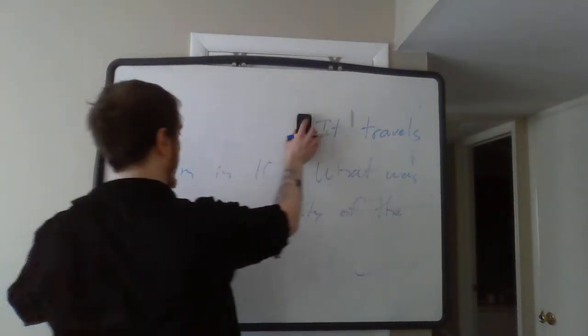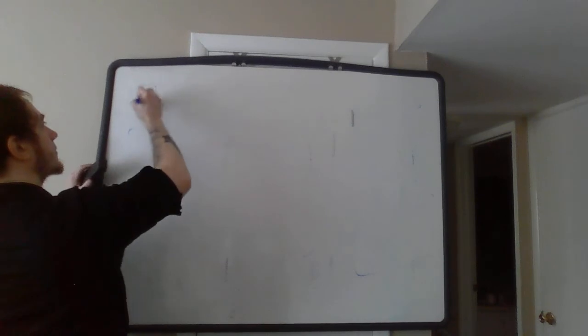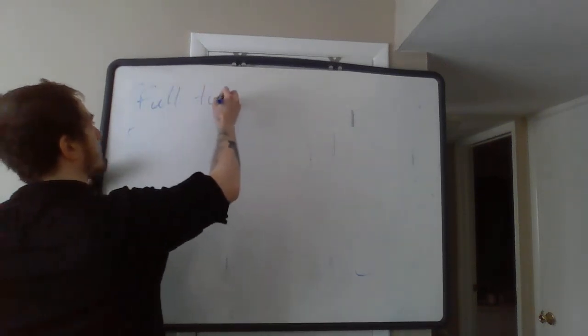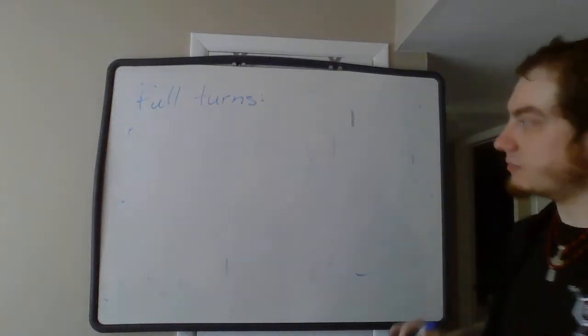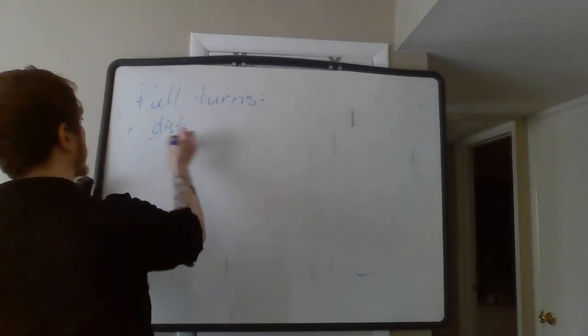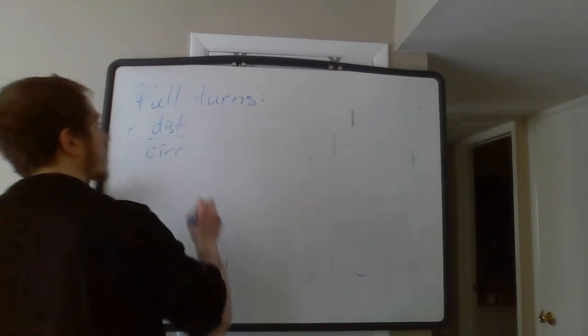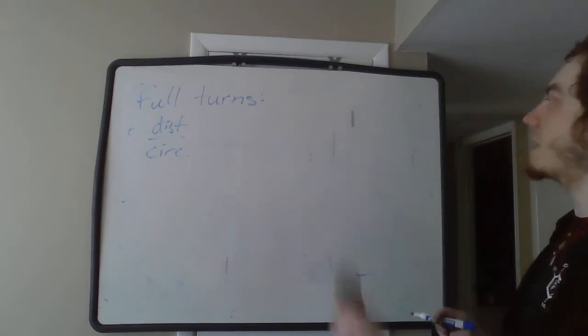Let's hope that I remember what this problem is. So 0.5 meter, and it goes 100 meters. So the full turns are going to be given by the distance over the circumference. Now, the distance was given to us in the problem as 100 meters. That's not a big deal.